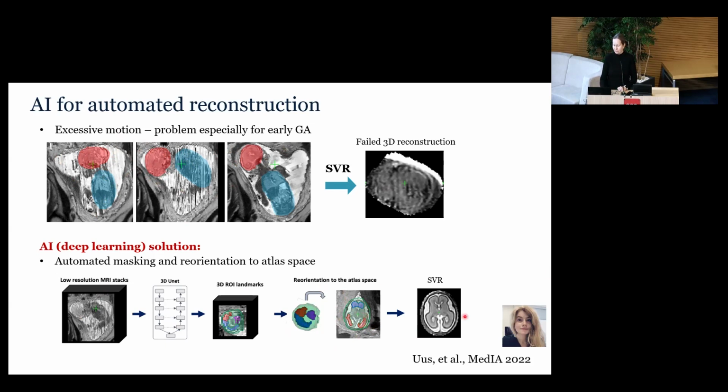Then we can use the standard SVR slice to volume reconstruction, and it works well. We compared with NeSVoR actually, and we are doing almost exactly the same as NeSVoR with this type of approach. So this approach really just works based on segmentation and UNets. It's quite simple, but very effective.